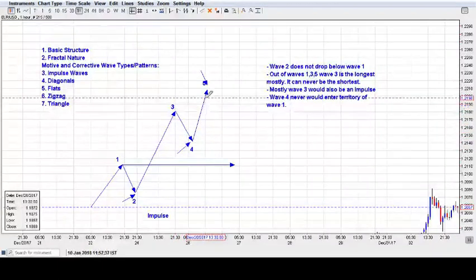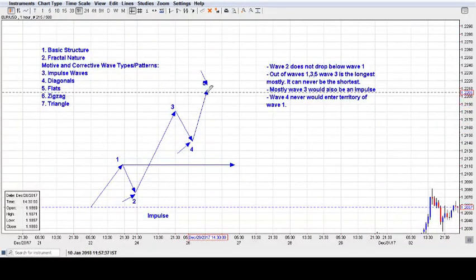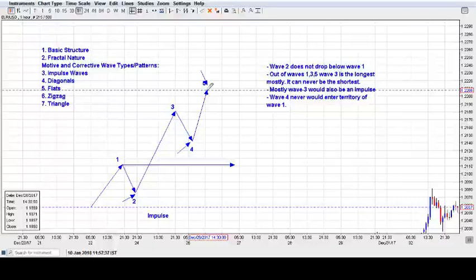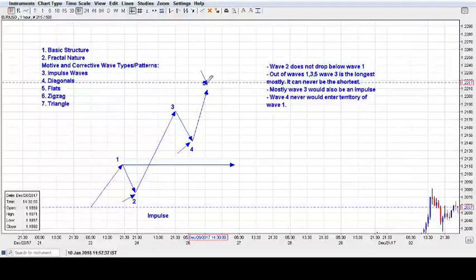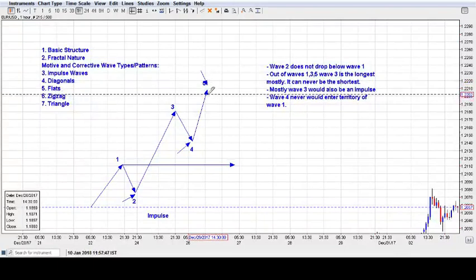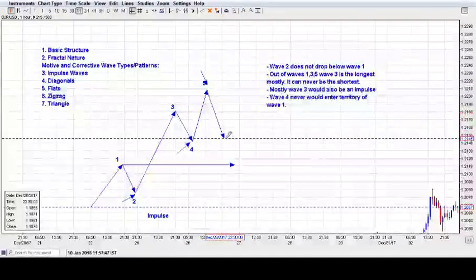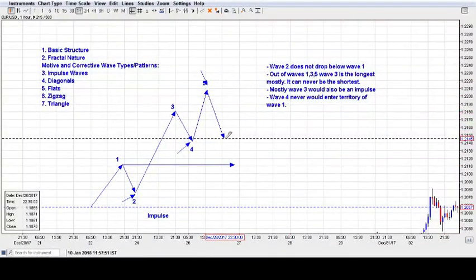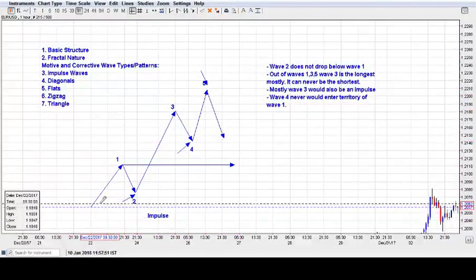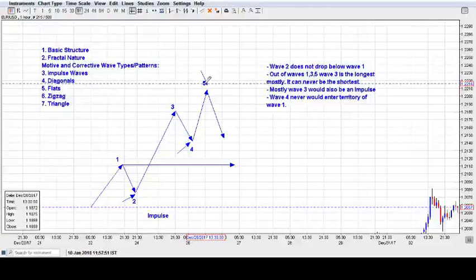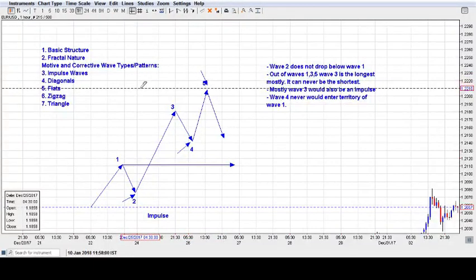You need to count the sub waves properly, and you need to be very confident about the potential termination point of wave 5, and then you can enter short in anticipation of the first wave of the counter trend, or the corrective move. So that is a practical summary of an impulse wave.